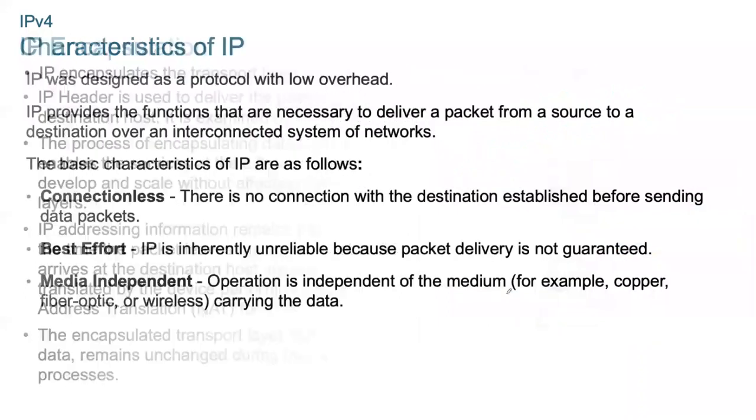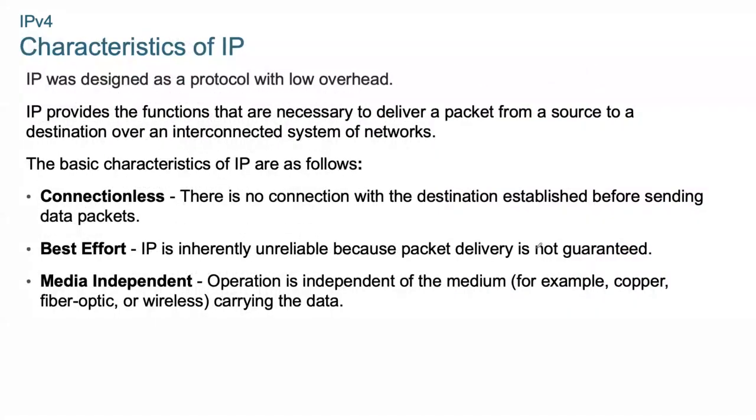So here, the basic characteristic of IP addressing is that it is connectionless. That means whatever segments are received by your network layer, it will simply add its source IP address and destination IP address and inject that particular packet into the network.